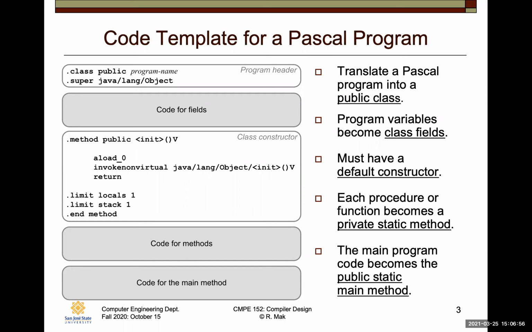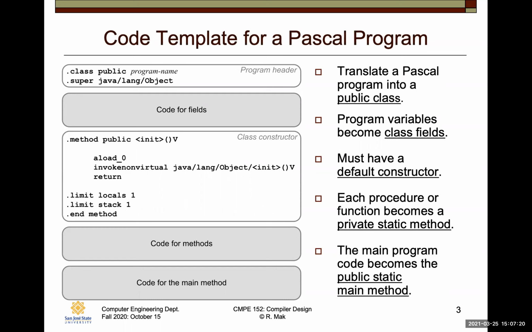Once it's a .class file, and if we followed this template and everything else was cool, then the Java virtual machine will be able to execute the program. Okay, the Java virtual machine doesn't care really what the source program was, as long as it has a legitimate .class file. Okay.